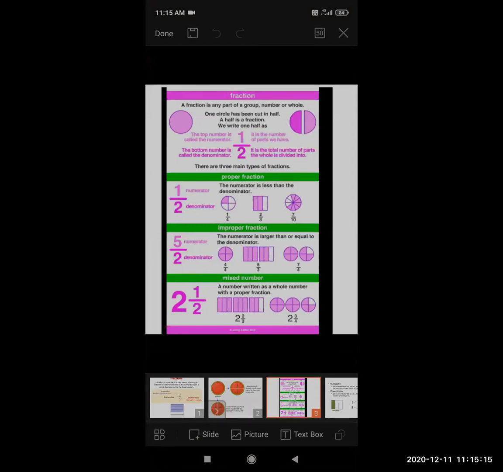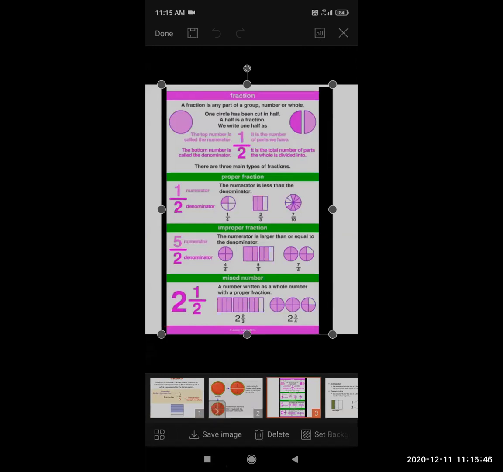Keep this in mind, okay? This is the rule of maths. In the improper fraction, I gave you an example.